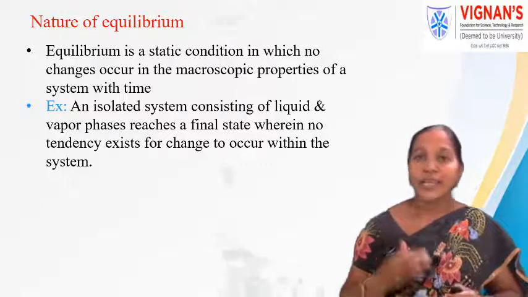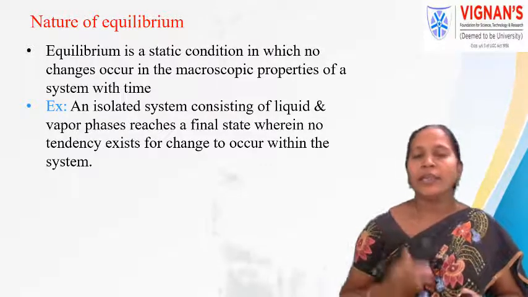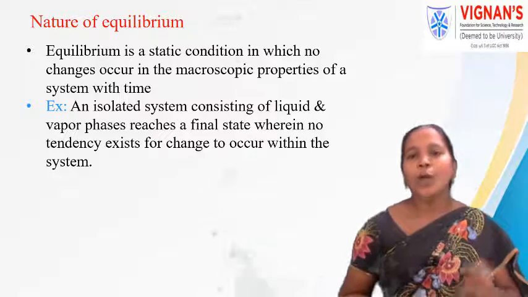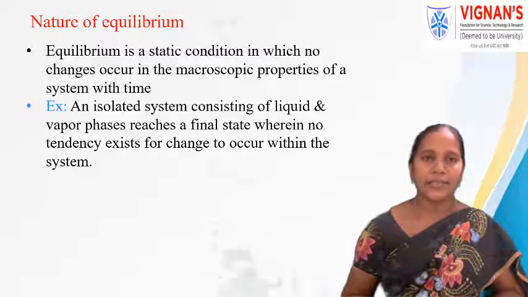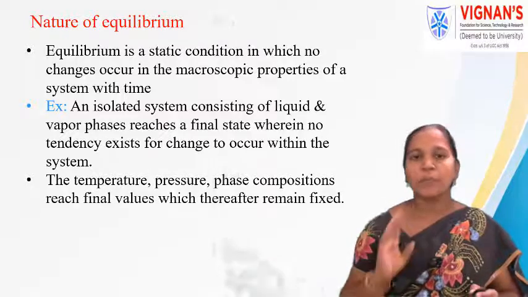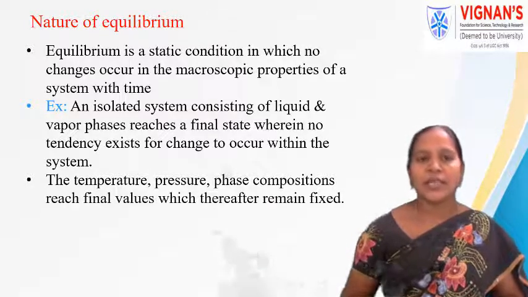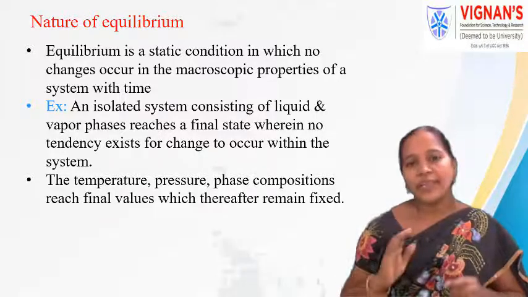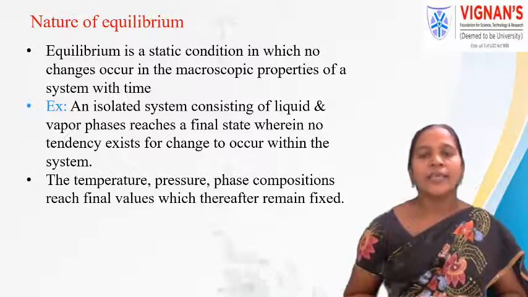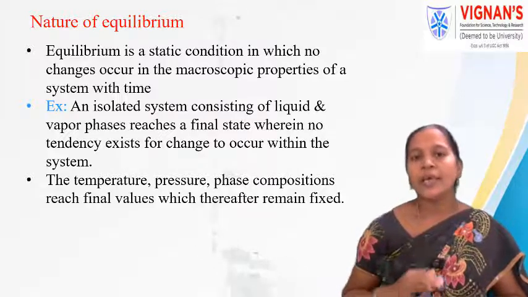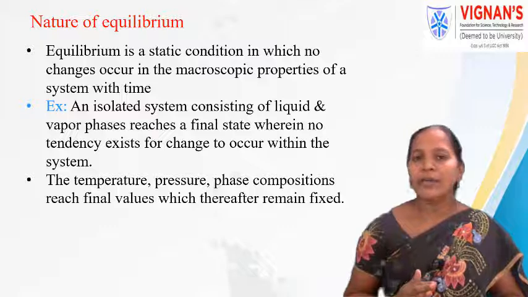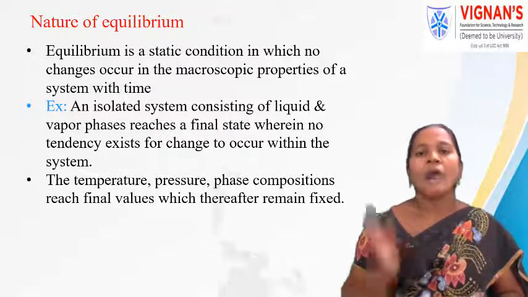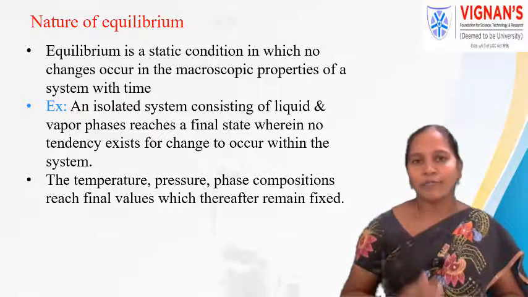Both phases reach a final state wherein no tendency exists for change to occur within the system. Here, the temperature, pressure and phase composition reach final values. After reaching the final state, there is no change in the values of temperature, pressure and phase compositions. After that, they are fixed.